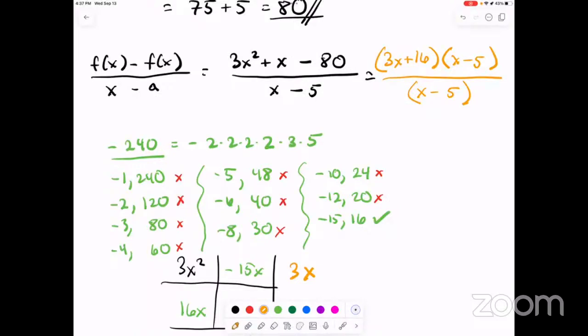So now we get some terms that cancel. This cancels this, and we're able to get it down to 3x plus 16.